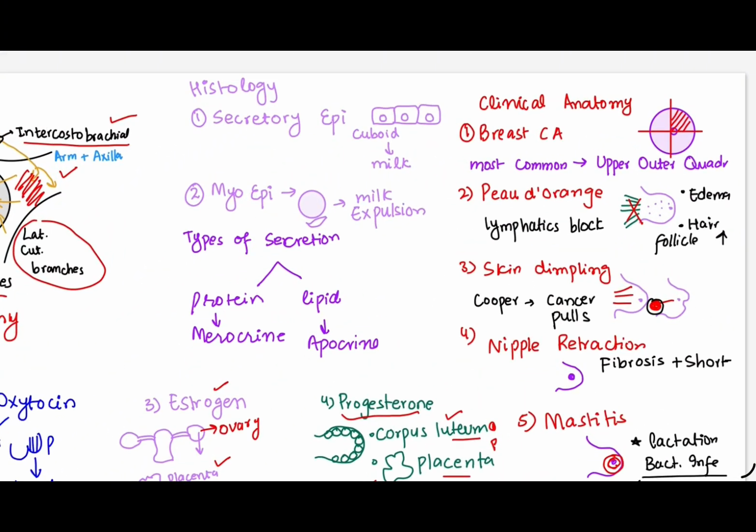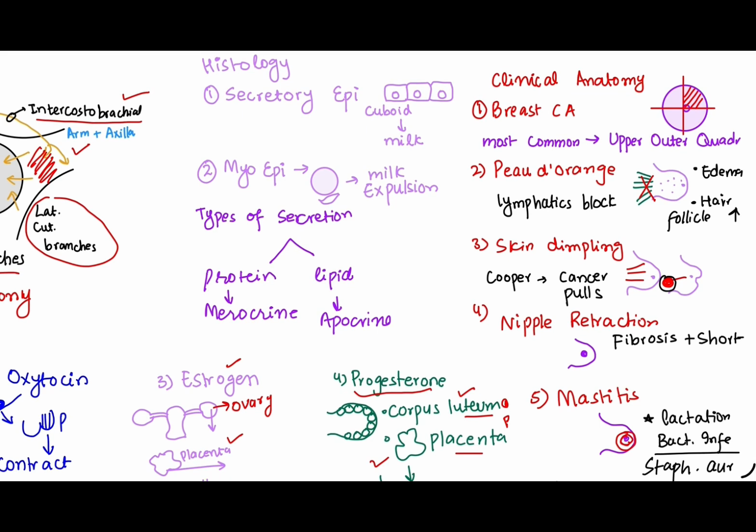Okay, there's some histology going on. Obviously, if there are cells there, we are going to see their shape and structure. Two types of epithelium are there: secretory epithelium and myoepithelium. Secretory epithelium, we have discussed this in alveoli. We have simple cuboidal epithelium that's going to produce milk, so that's called secretory epithelium.